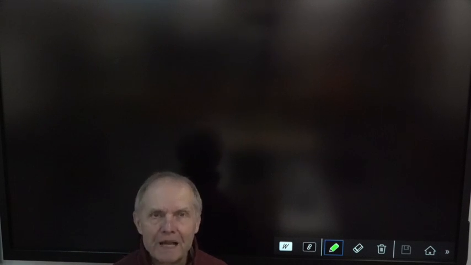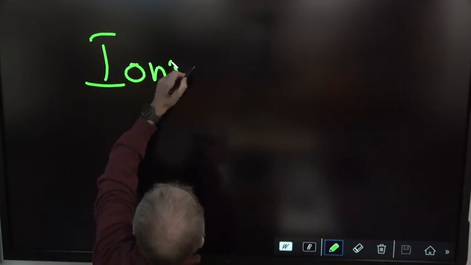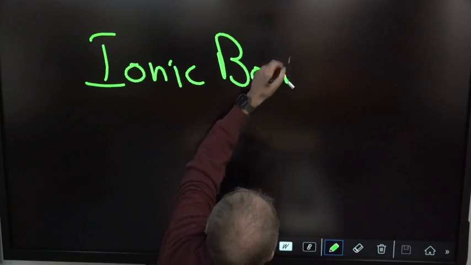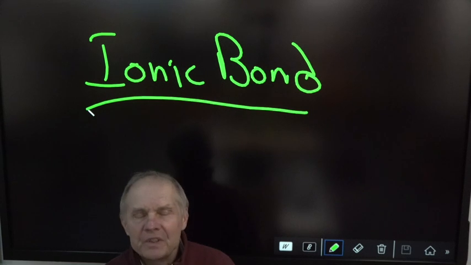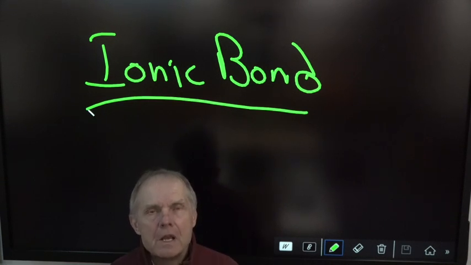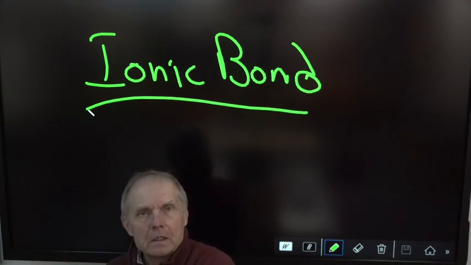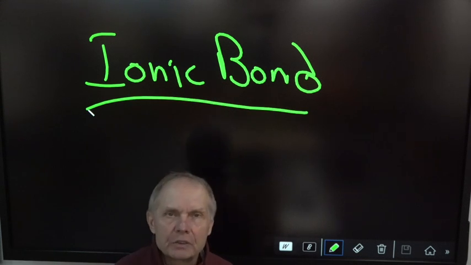So the first bond that we took two videos for is this one: ionic bond. And remember, this is so easy. It's a metal bonded to something else.